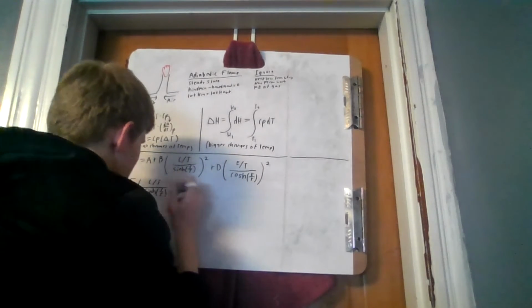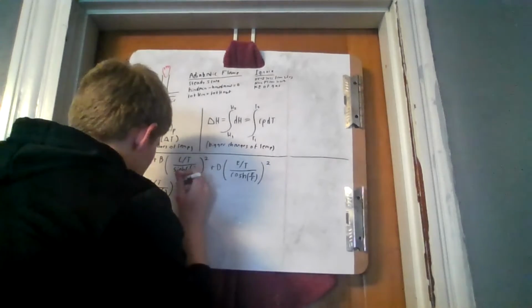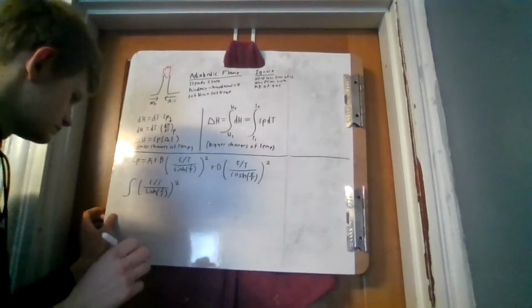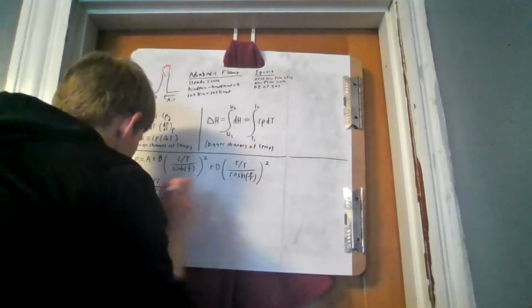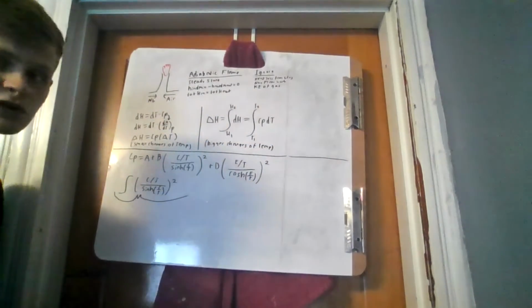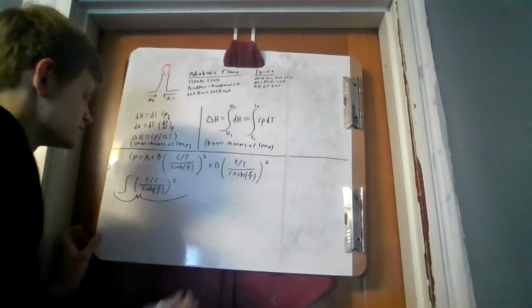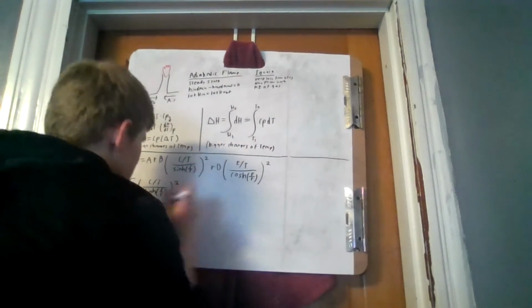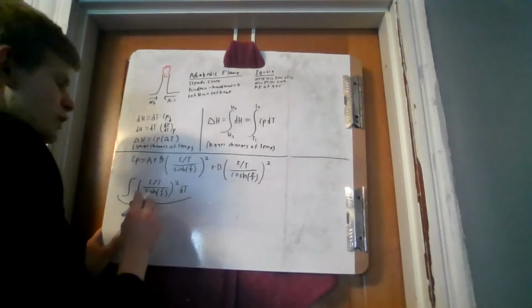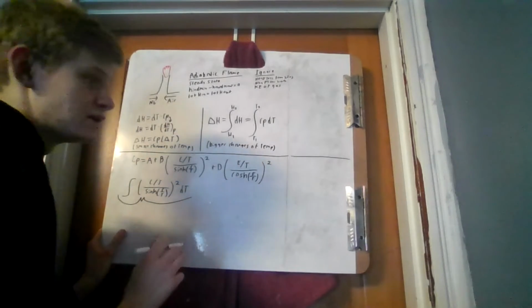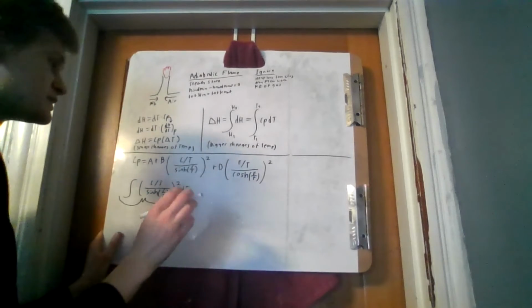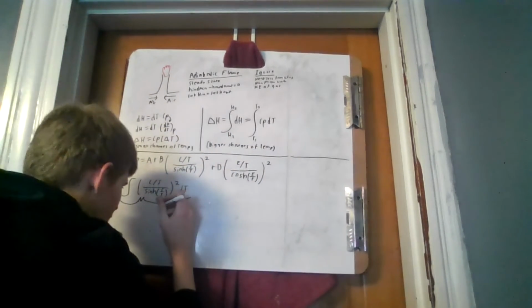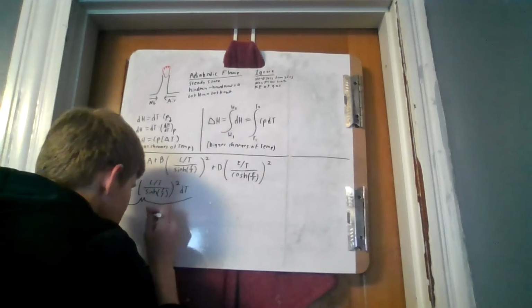Sorry if you hear church bells in the background. So this whole function will be integrated, sorry, forgot to put what our function is being integrated with respect to, into this function.